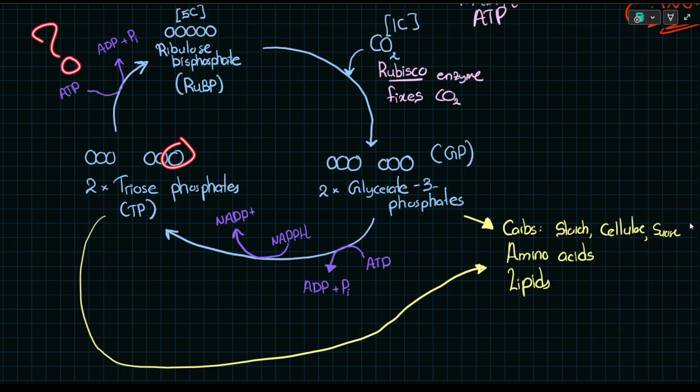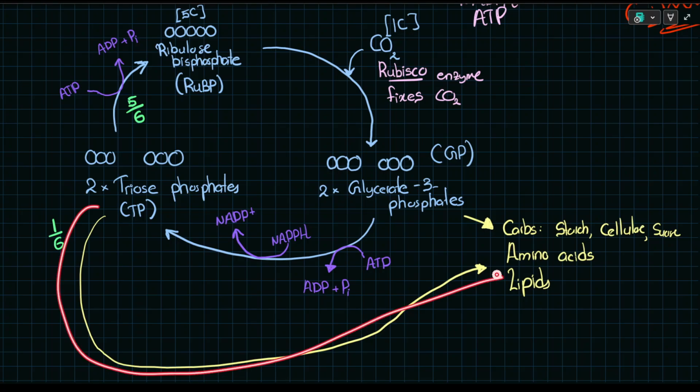When this pathway occurs, 5 out of 6 parts of the triose phosphate molecule are converted into ribulose bisphosphate, and 1/6 of the molecule is utilized for the production of organic and inorganic substances.